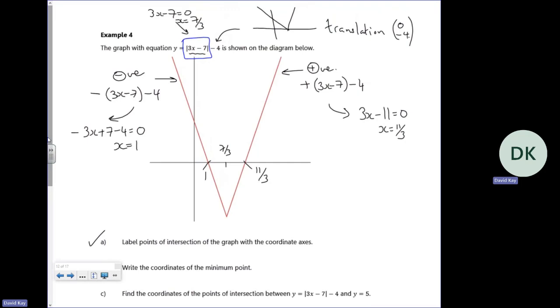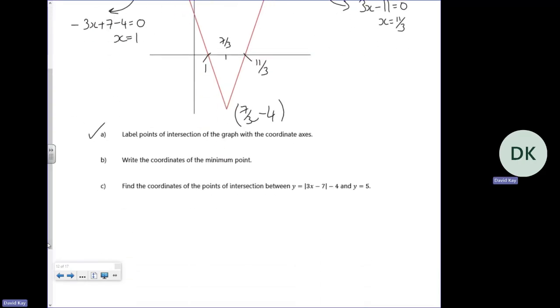But I've moved it down by 4. So the coordinate at the bottom will be 7 over 3, comma, minus 4. So that would be the coordinates of the minimum.